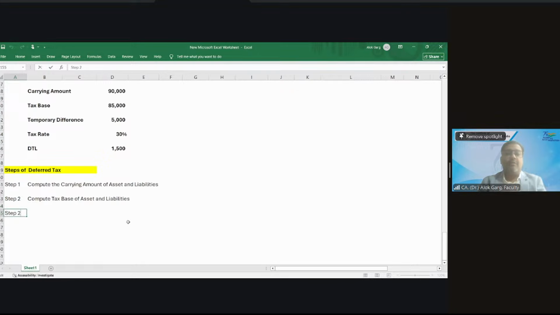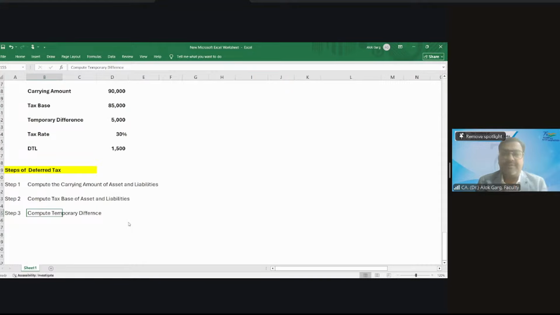Step number 3: you have computed the carrying amount, you have computed the tax base, so now compute the temporary difference.